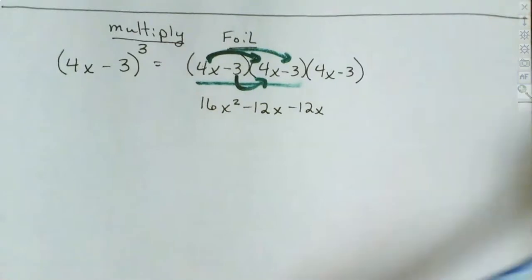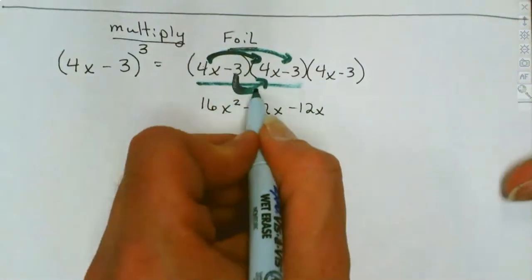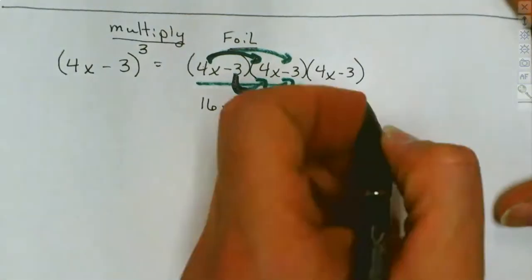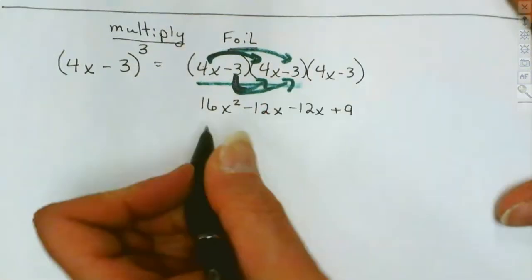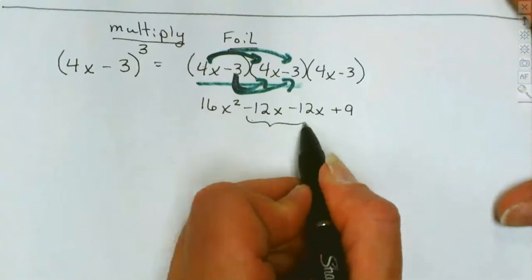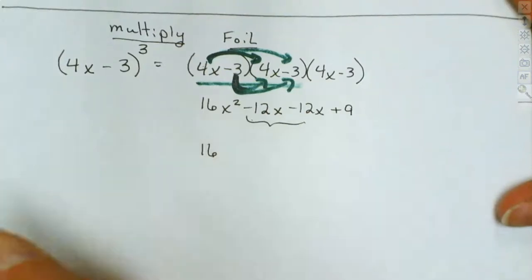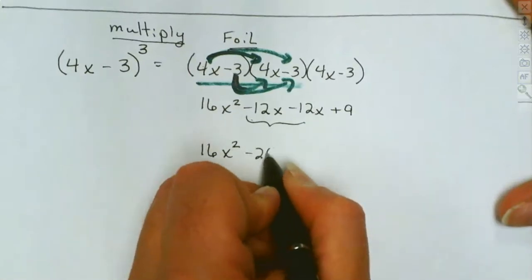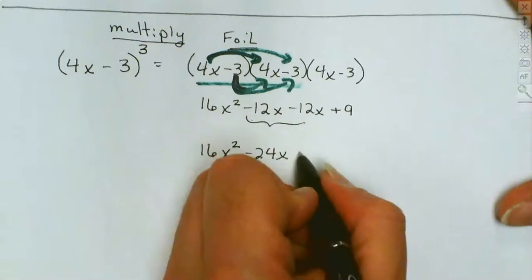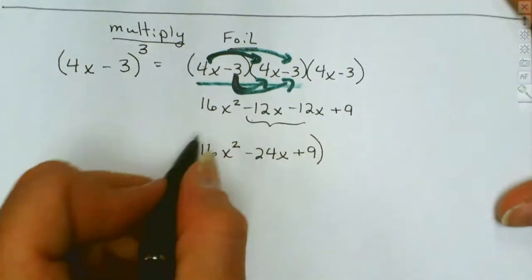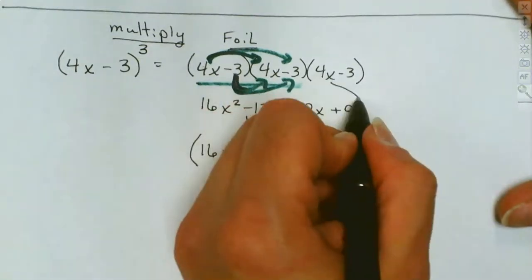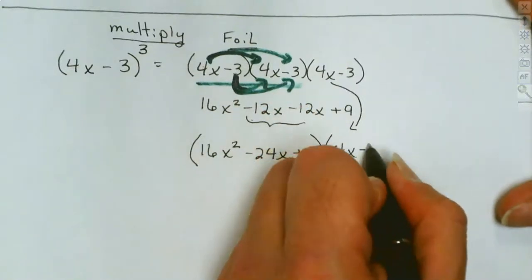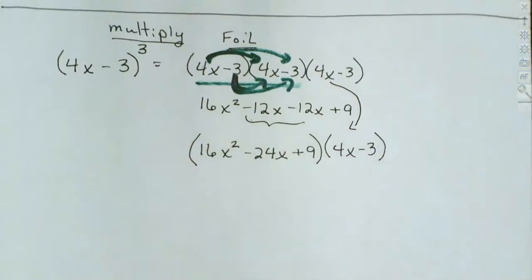And finally, last times last, negative and negative 3 makes it a positive 9. The middles can go together. And now we've got 16x squared minus 24x plus 9, and don't forget that 4x minus 3, that is just going to come down.